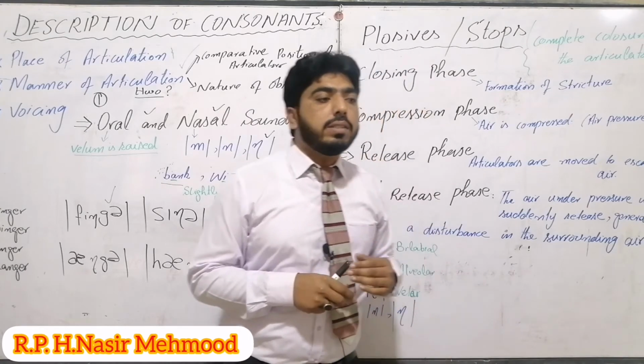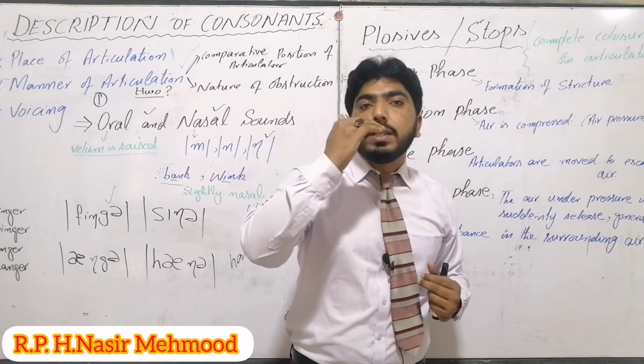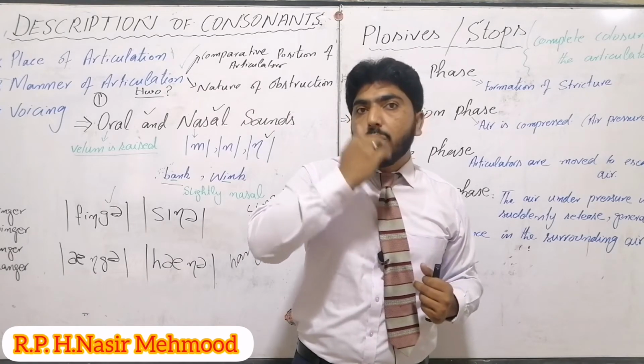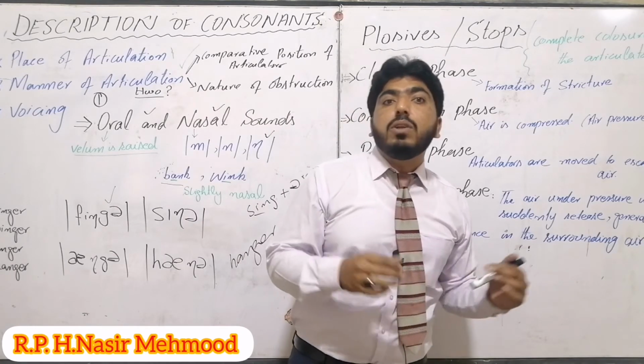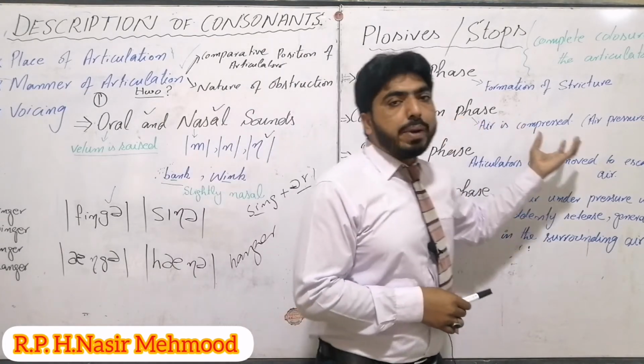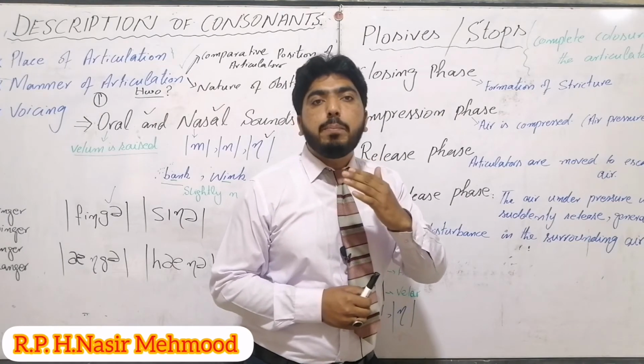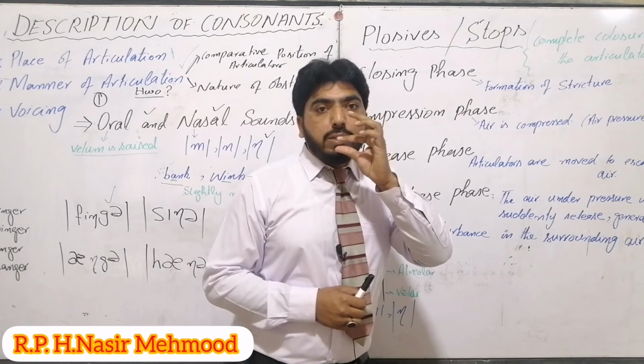Sometimes this stricture may be made by touching the upper teeth to the inside of the lower lip, in the case of alveolar plosives. Then compression: air is compressed. For example, in the case of a bilabial sound, I have joined two lips.